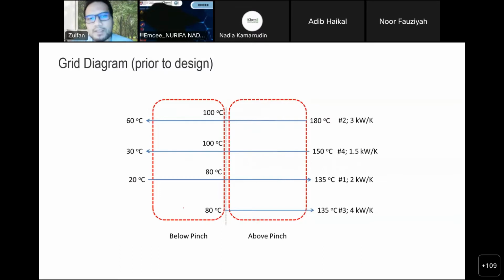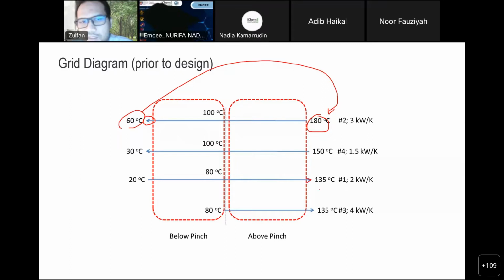We typically draw it from left to right. Left means the lowest temperature, and to the right goes to the highest temperature level. The arrow shows whether that stream is a hot or cold stream. In this case, this is a hot stream, and this one is a cold stream.